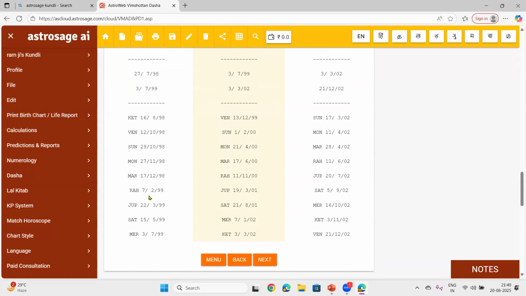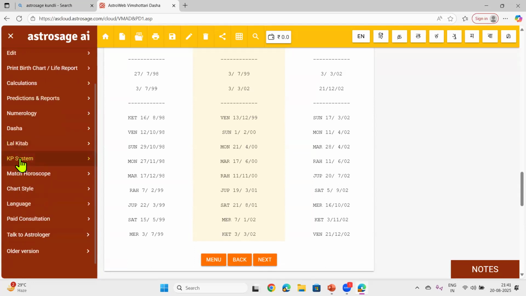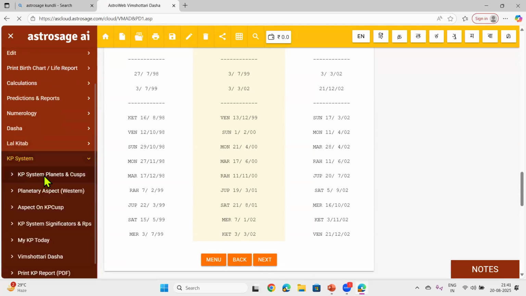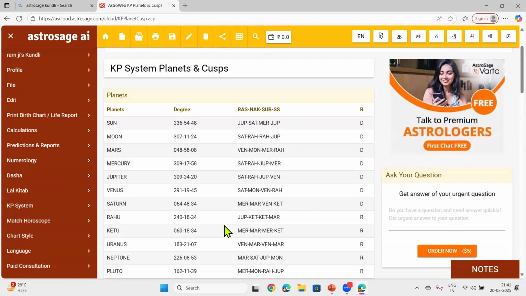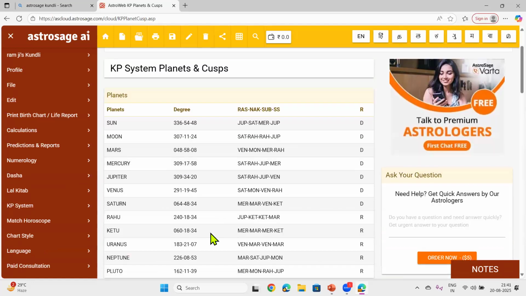So Jupiter, Ketu, and Saturn are the planets, and the planets that we have found out were associated with Mars and Moon. Let's check.